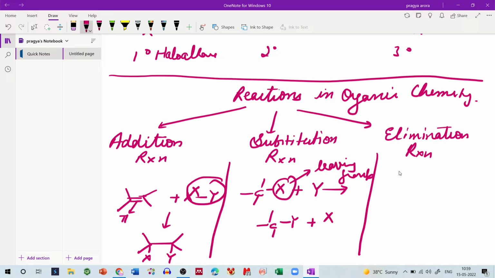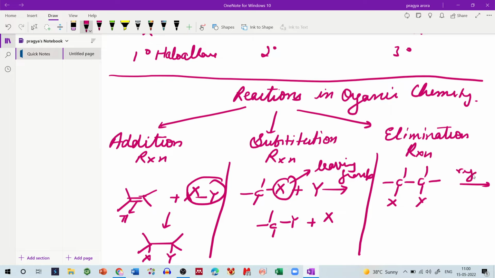The third category is the elimination reaction, where the reagent removes a group, for example hydrogen or a halide, present in the alpha beta position to form unsaturated compounds. Let's say it is the reverse of the addition reaction. So you made this XY initially. What will happen?